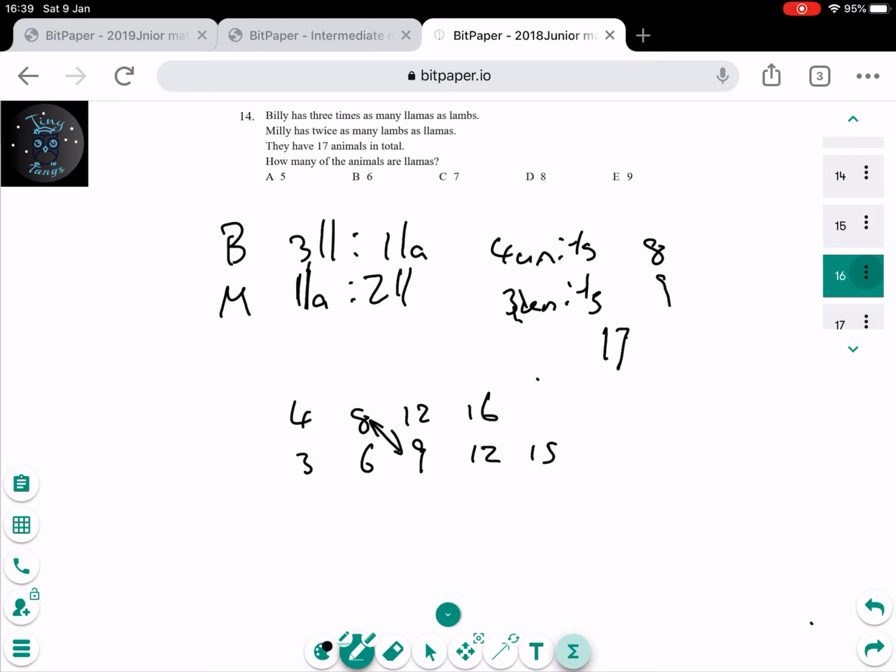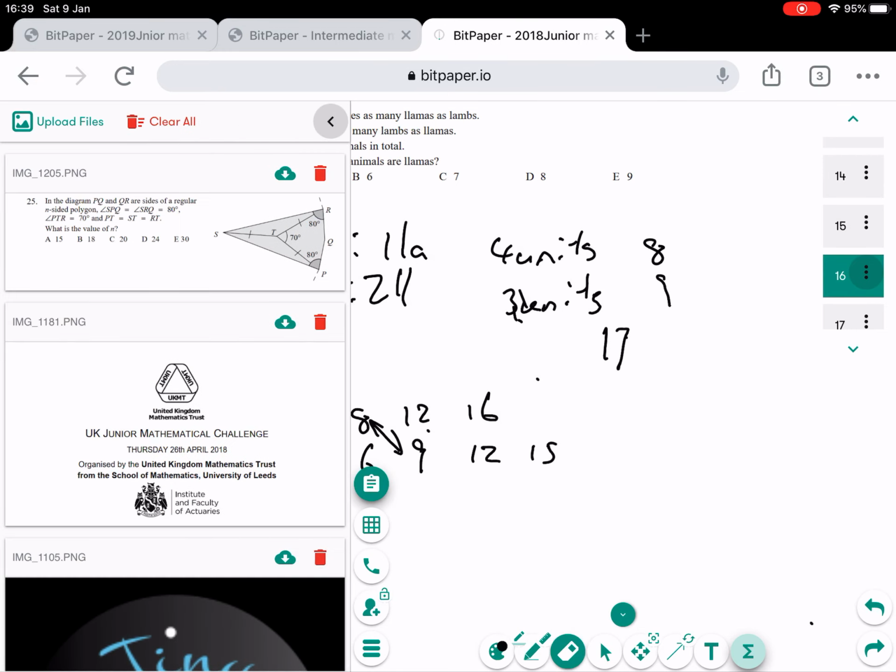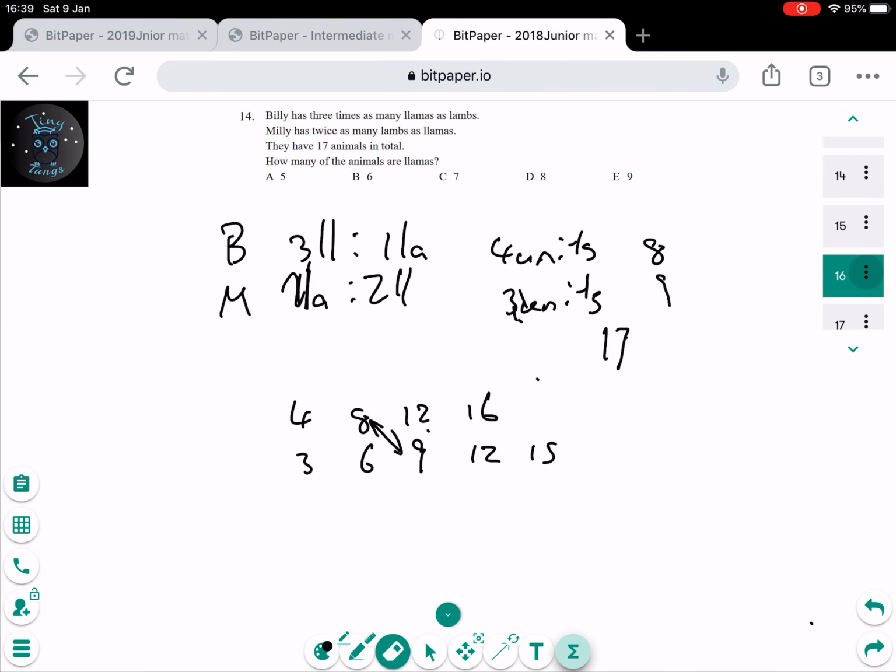That adds up to 17. How many animals are llamas? So 9 is 3 units. So 1 unit is 3. So that's llamas. Twice as many lambs as llamas. Oh, sorry, I got it incorrect. But it doesn't really matter because at the end it matters. So wait, let me change that to eraser size or it'll be a bit chaotic.